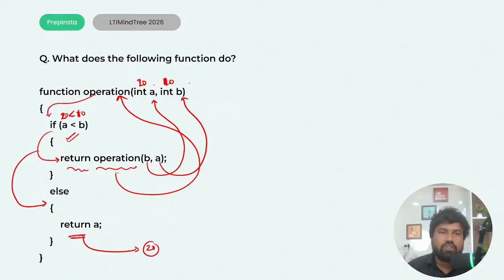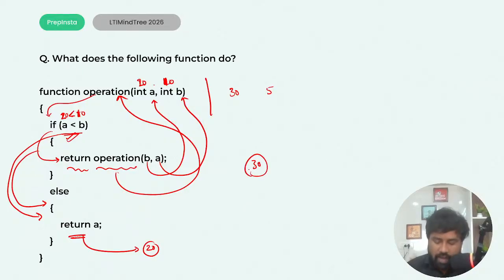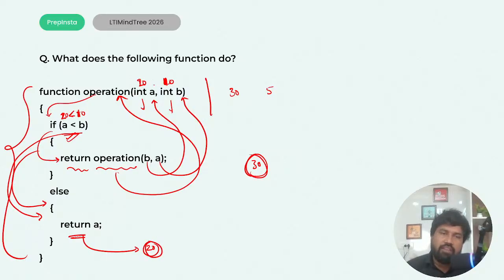Let's take it in reverse order. For example, A value is 30 and B value is 5. The if condition is false and it will return A, so the output will be 30. Every time, whether I take A less or more, it is always returning the maximum number in the given pair, right?